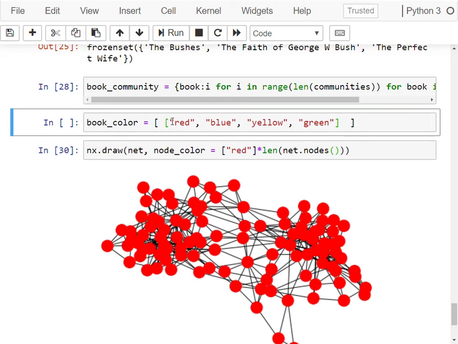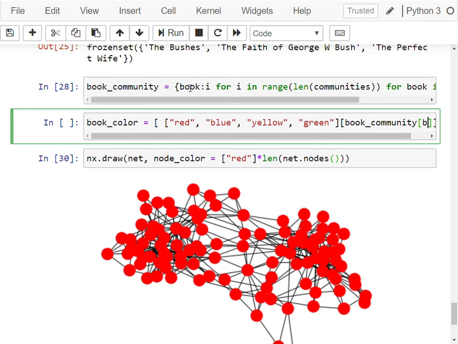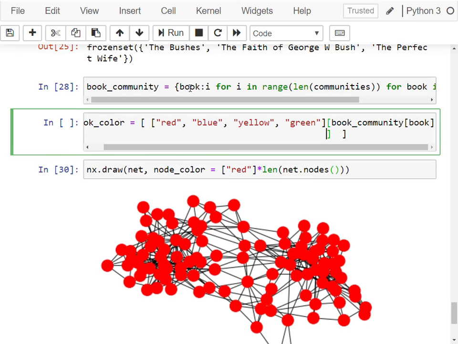So this is a list, and the value eventually will be determined by looking at the index of this color. The index of this color will come from the dictionary. So I'm going to access book_community for each book. And the book itself will come from network.nodes.